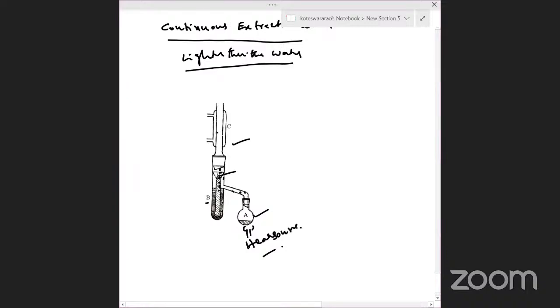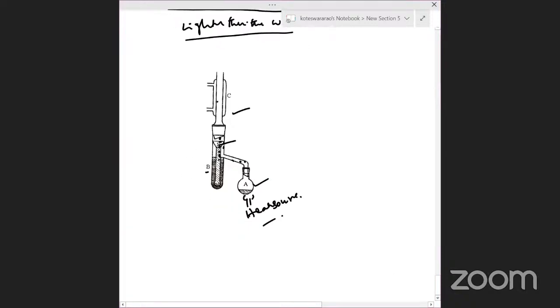Once it reaches the maximum position, or higher position, of the funnel, the solvent will again move into flask A. Therefore, it is a continuous process until we get more solute from the sample solution. Okay, this is one method, used when the solvent is lighter than the water sample.